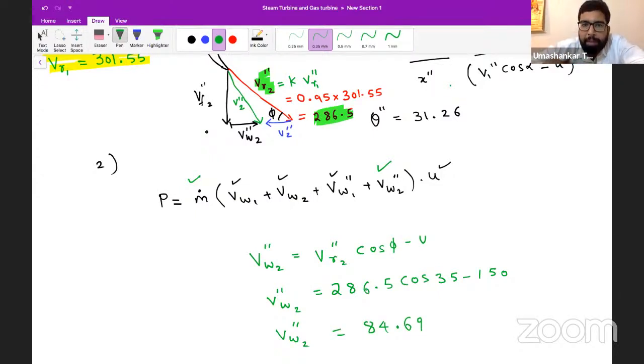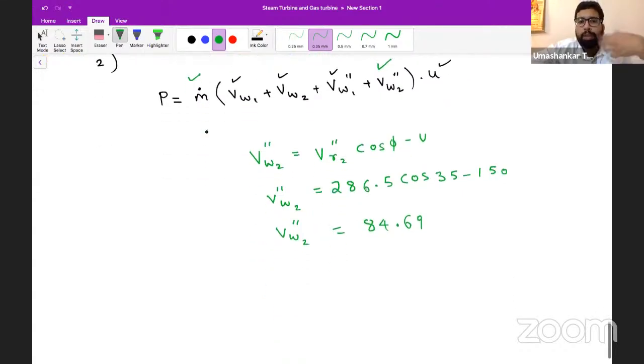Then we would have applied the blade coefficient over this fixed blade, found the exit velocity at the fixed blade, and then again applied the carryover coefficient to find at what velocity steam would enter the next stage of the moving blade. Is this clear to everyone?